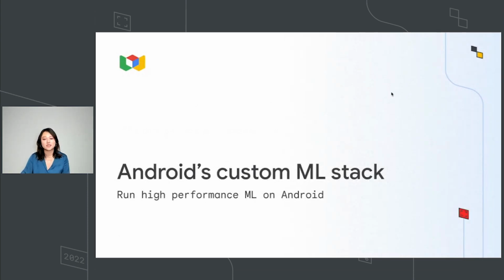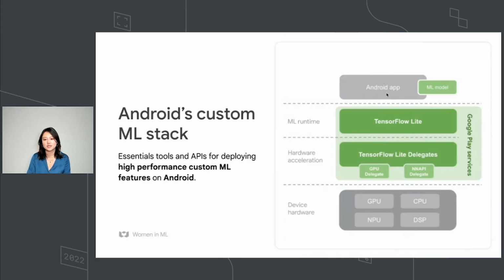If you're an Android developer, we would suggest you use the custom machine learning stack for Android apps. The goal of this effort is to solve the production issue of machine learning features. Once you have successfully built a very high-performance machine learning feature, it is also a challenge to deploy those features across different types of Android devices and different customizations of Android systems.